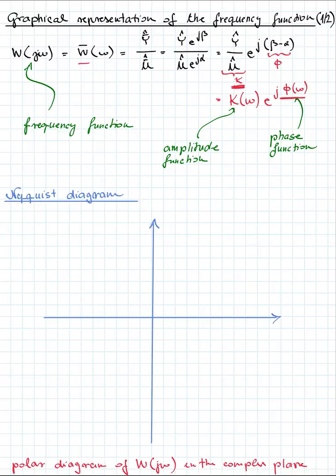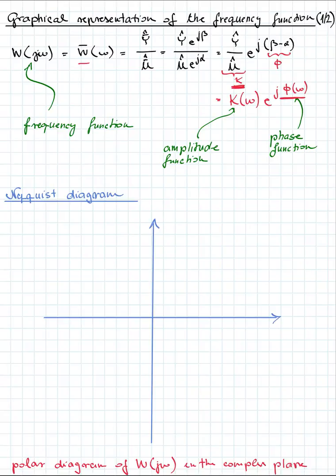The Nyquist diagram is the so-called polar diagram of Wj omega, that is the frequency function in the complex plane. Because the frequency function consists of two functions, the amplitude function and the phase function. The Nyquist diagram represents these two functions together in one function in the complex plane.